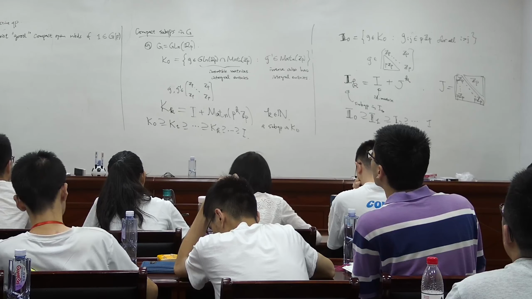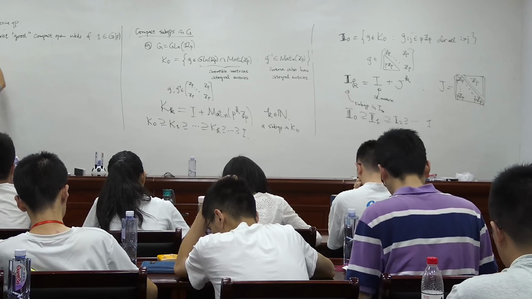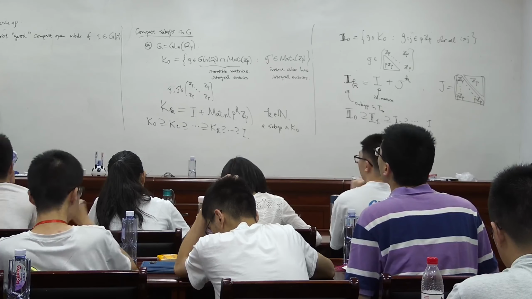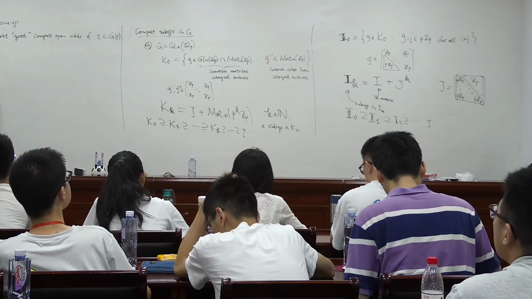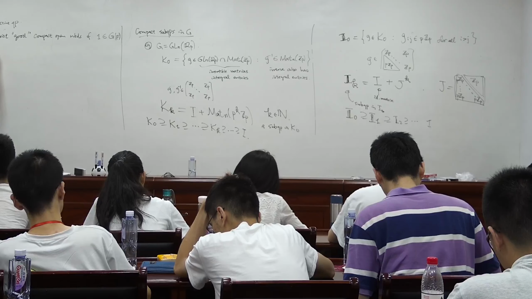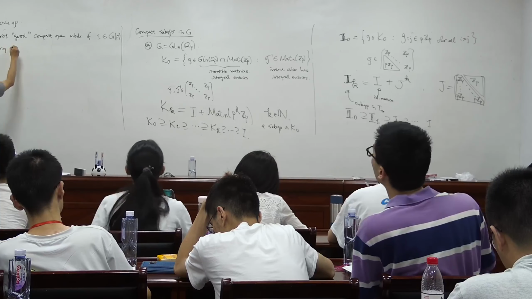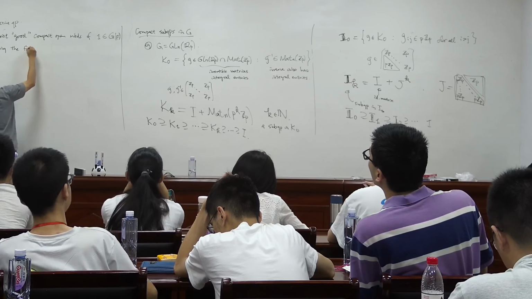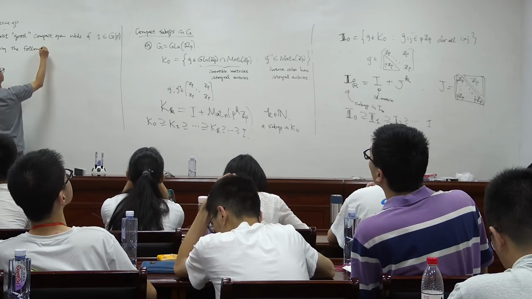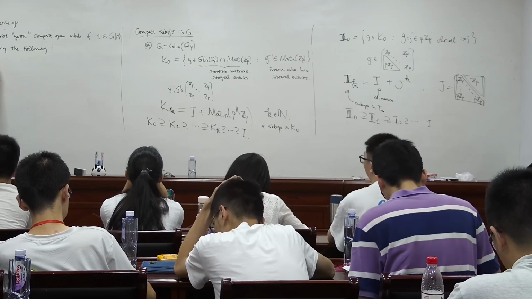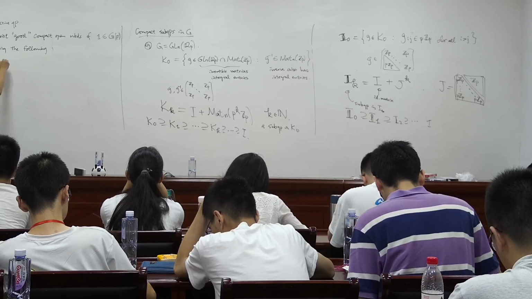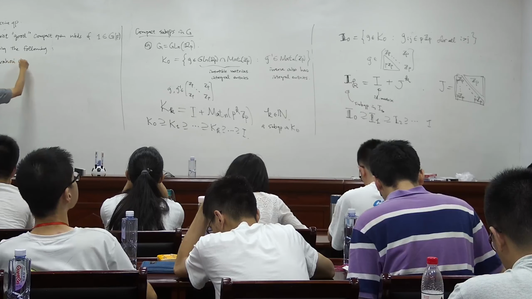So there exists some good compact open neighborhoods of the identity satisfying the following conditions. There are two conditions. One is called Iwahori decomposition.